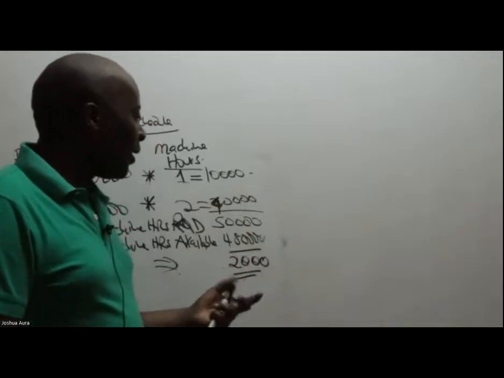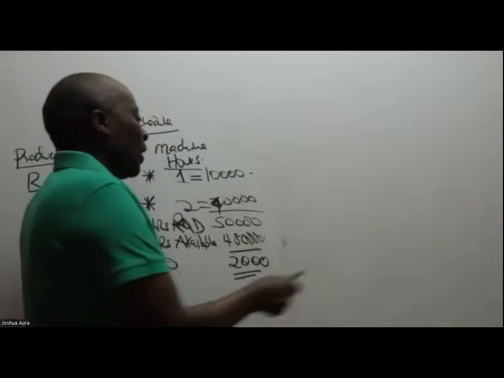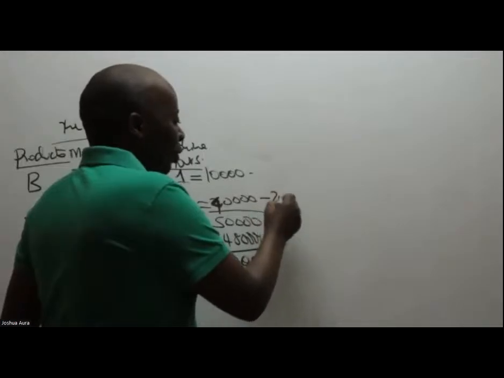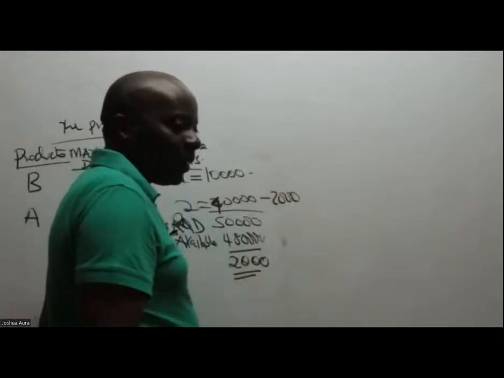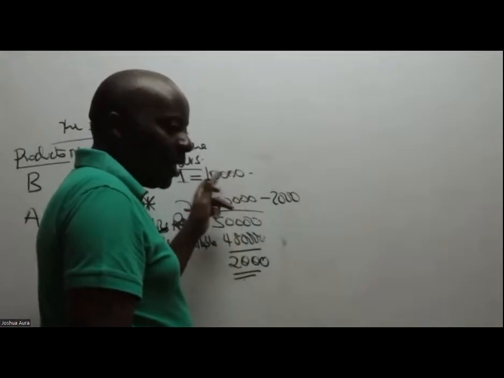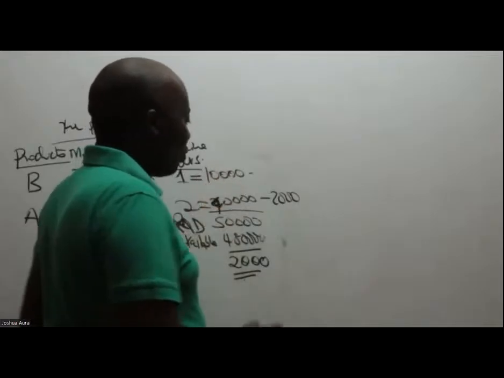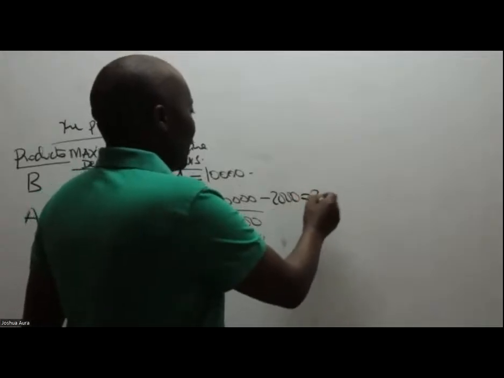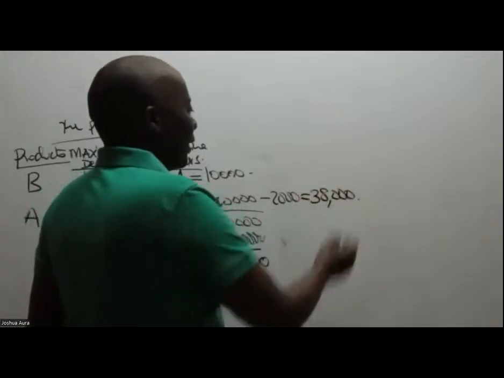And fortunately, all of them can fit here. Minus 2,000. So I'll not be able to touch resources over product B, which was ranked best. So here I say minus 2,000, which gives me 38,000.